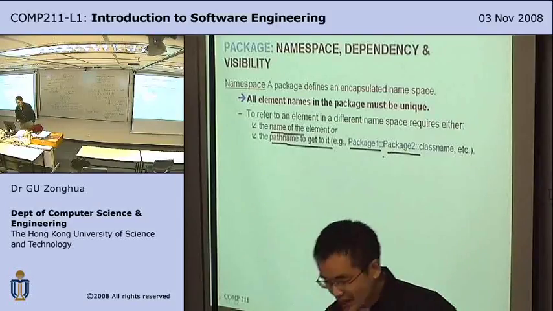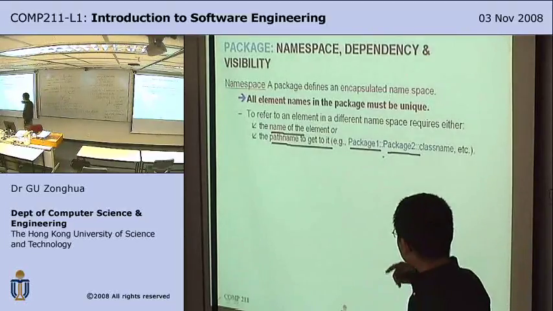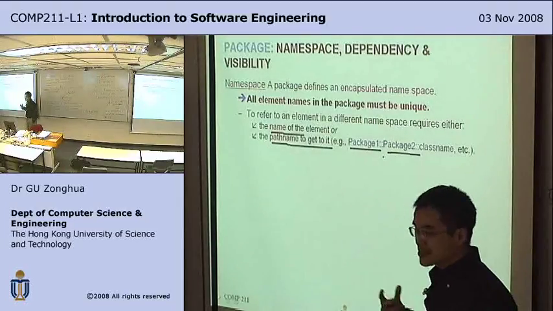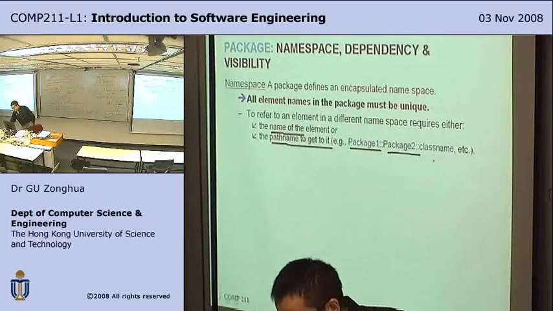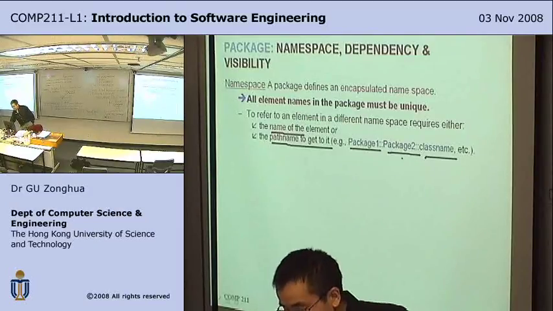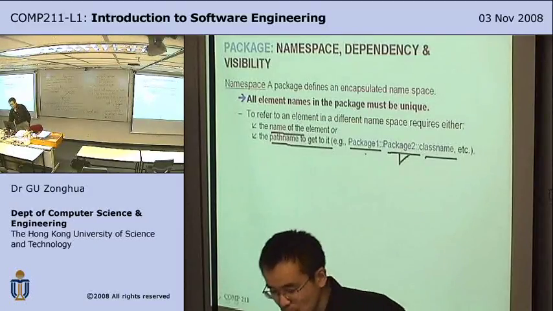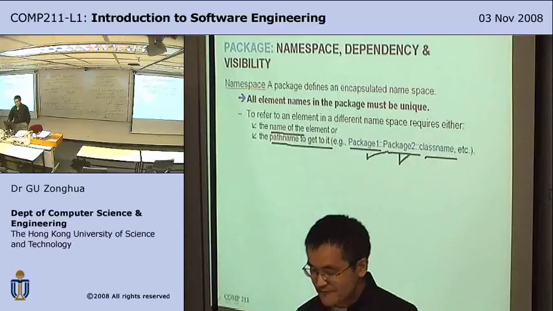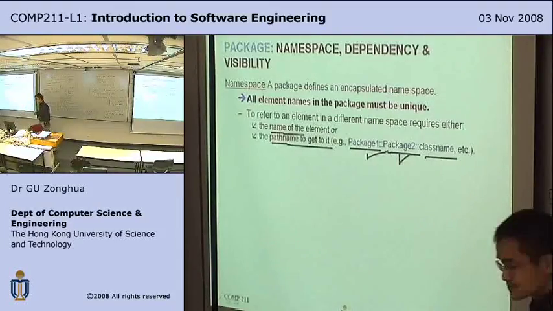I think in Java or C++ you have a similar syntax of namespace 1 : namespace 2 : etc. So this means that this class is contained within package 2, which is in turn contained within package 1. So you refer to it from the hierarchical path name.